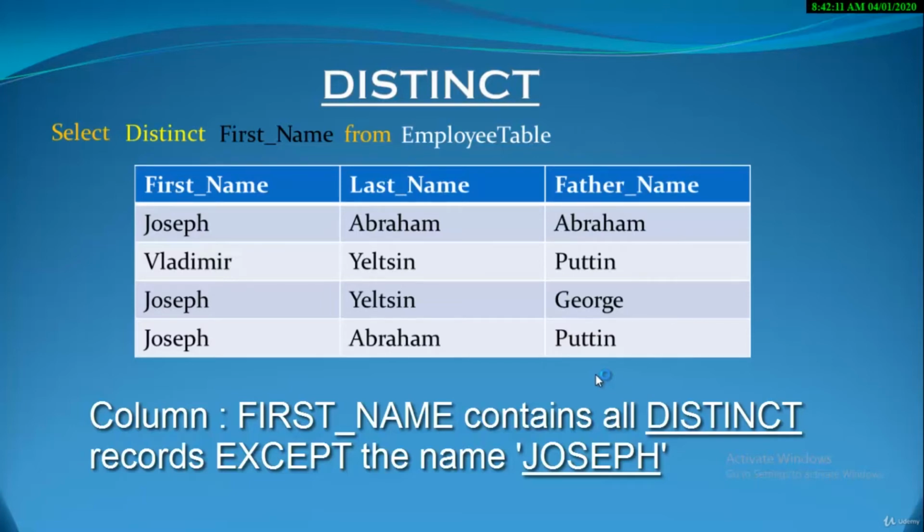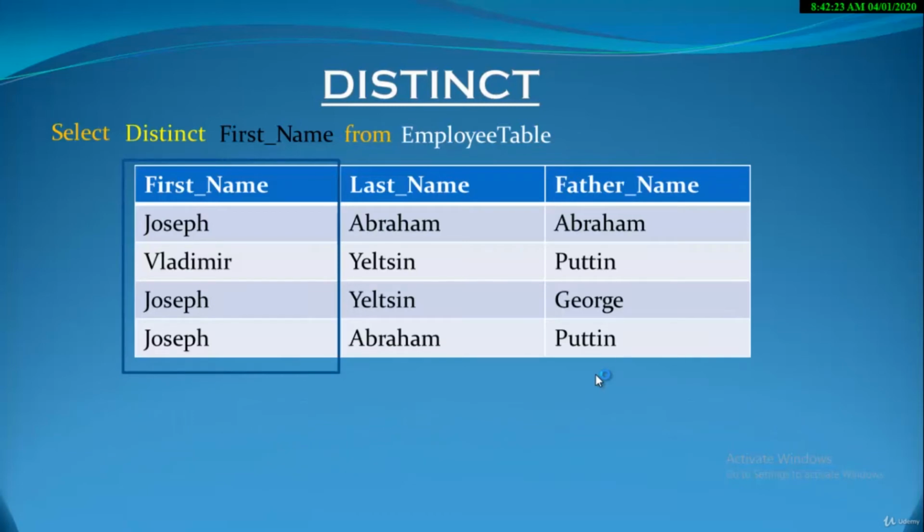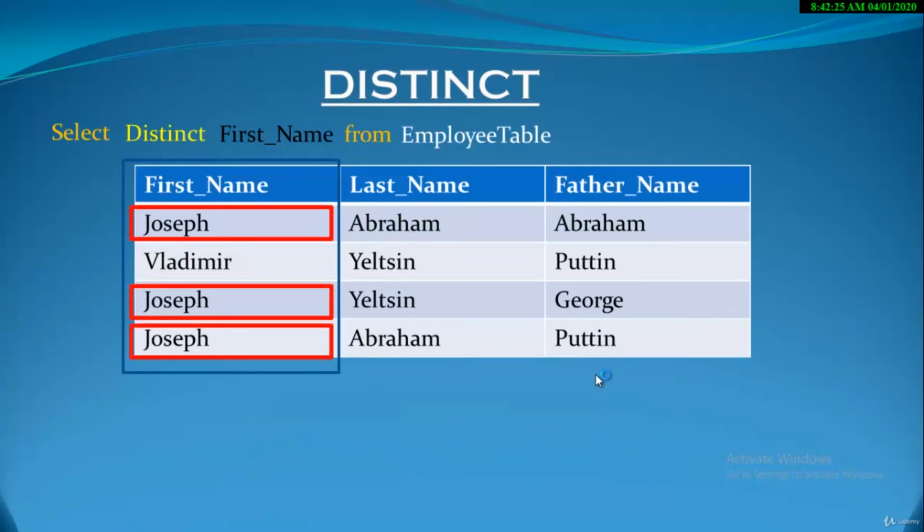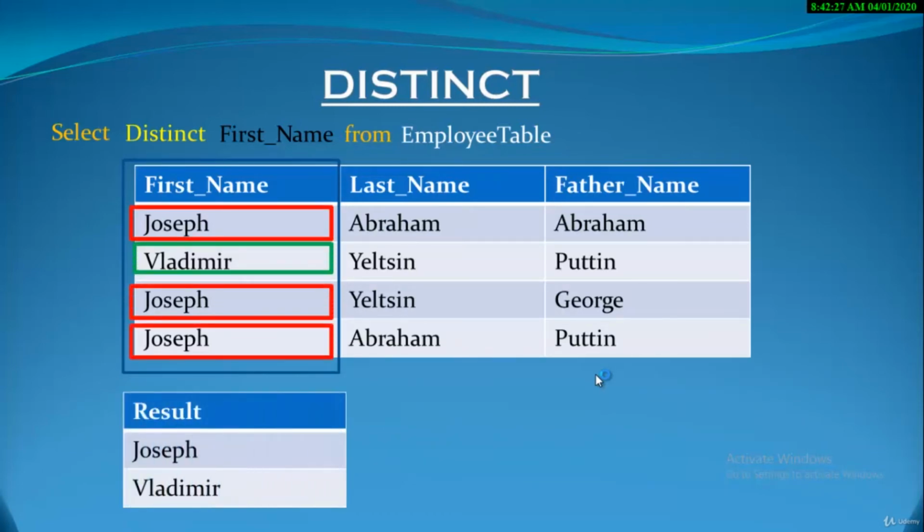If we execute this query to fetch the distinct records, it will give the result as 2 rows, Joseph and Vladimir. You can see that instead of giving the 3 different records for Joseph, the result gave us a single line for all Josephs.